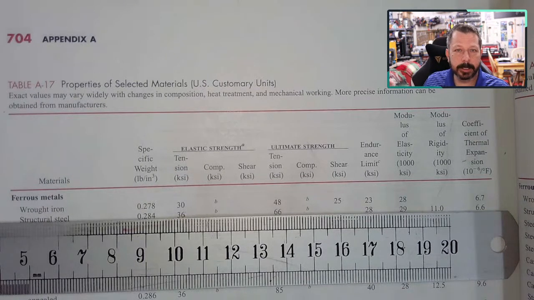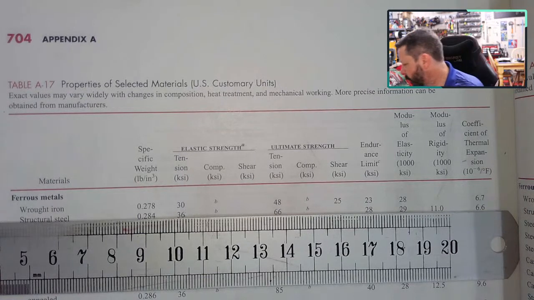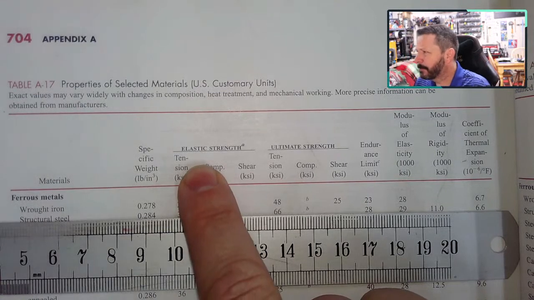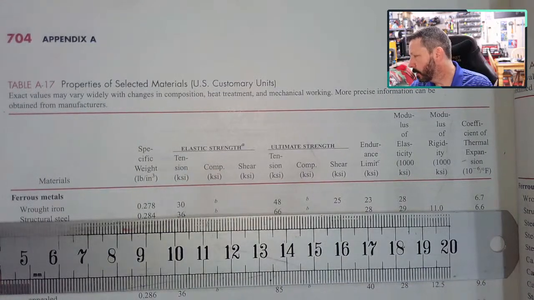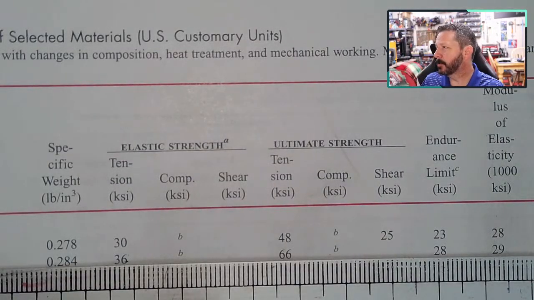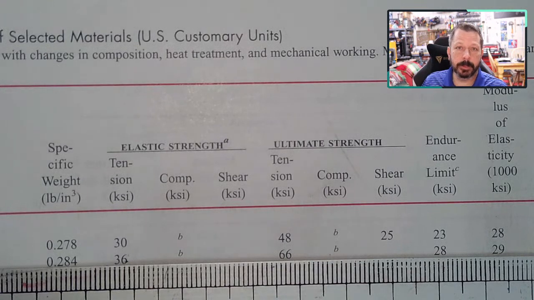Like it gets out of tolerance and parts don't move the way they're supposed to. So that kind of failure would be under the elastic column. So the elastic strength would be something stretched too much. The ultimate strength would be even worse. So ultimate strength would be it fractured, it came apart, broke in half.